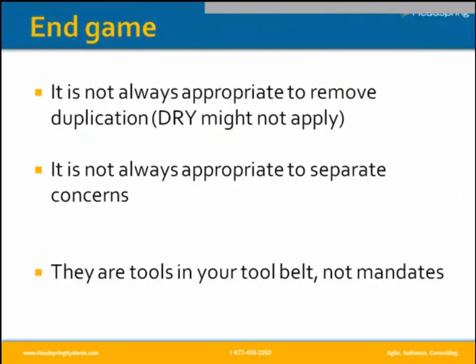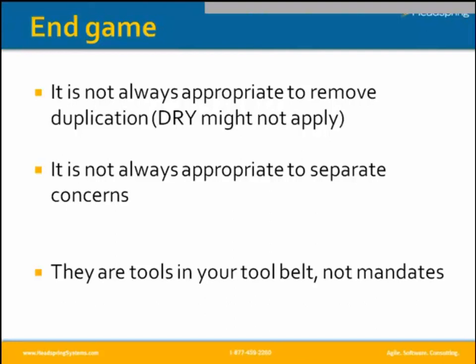I'm going to fast forward to the end of my talk and give you the bottom line right now, so that you can see the argument that I'm making through each of the examples. A couple of the main takeaways are that it's not always appropriate to remove duplication.